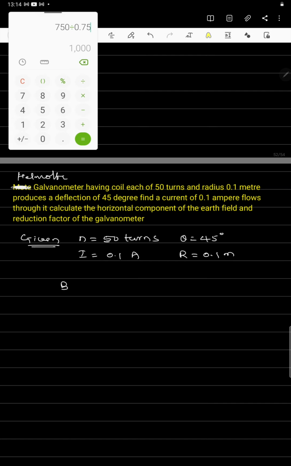What they told here is to calculate the horizontal component of the earth's magnetic field.